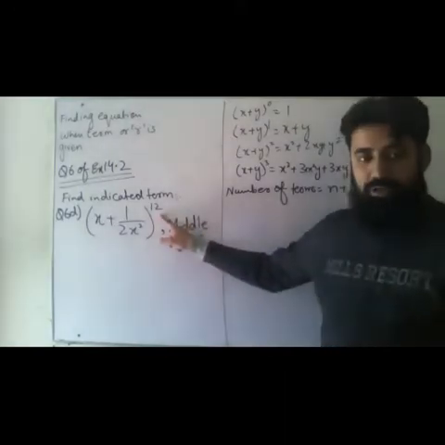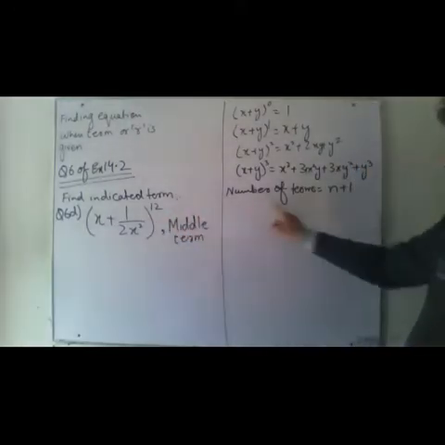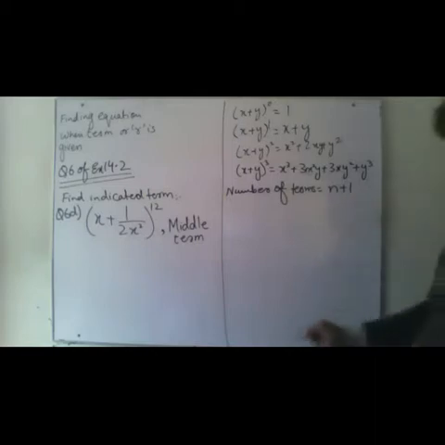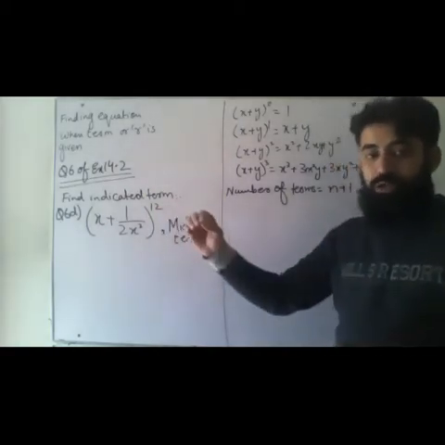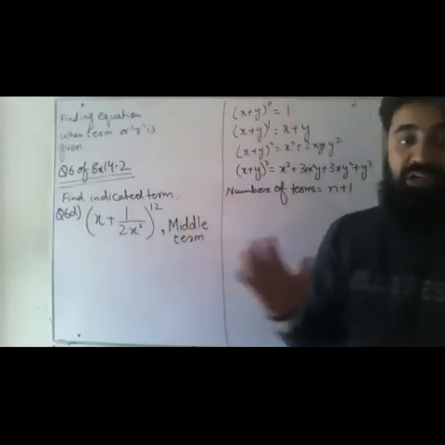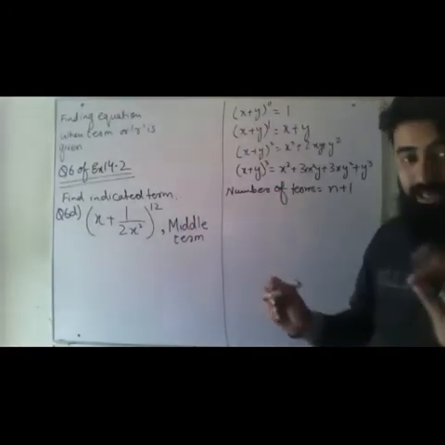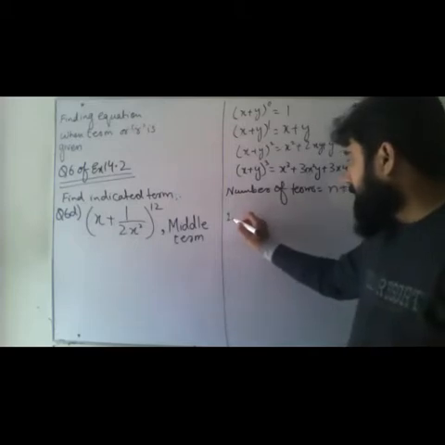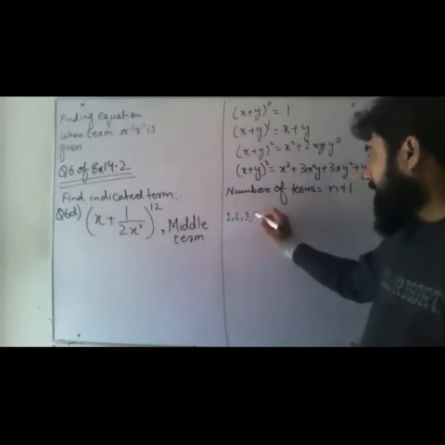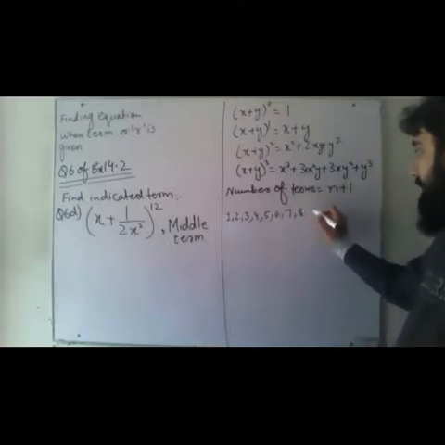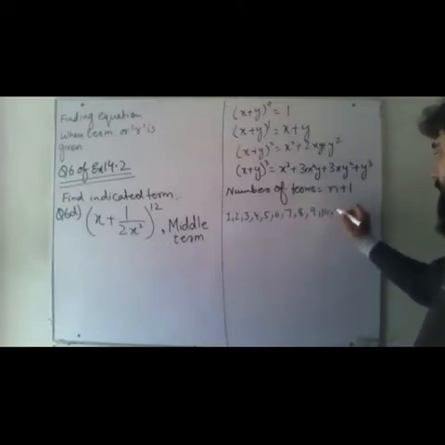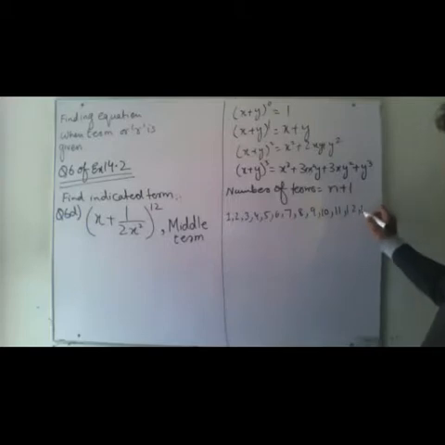I know that after expansion the number of terms equals n plus 1, that is 12 plus 1. So if 12 is the total power, I will have 13 terms. Let me write it over here: 1, 2, 3, 4, 5, 6, 7, 8, 9, 10, 11, 12, 13. The answer is 13.